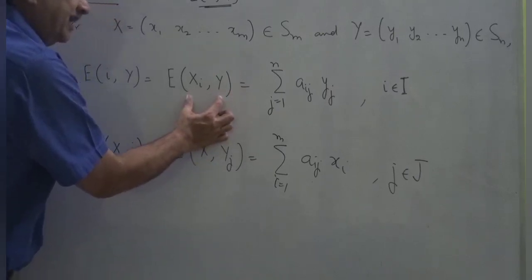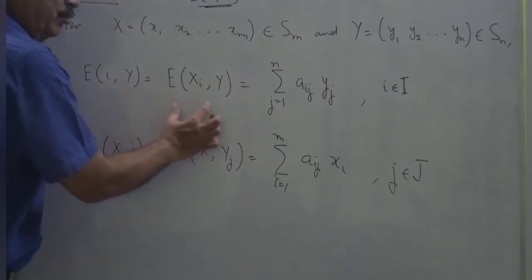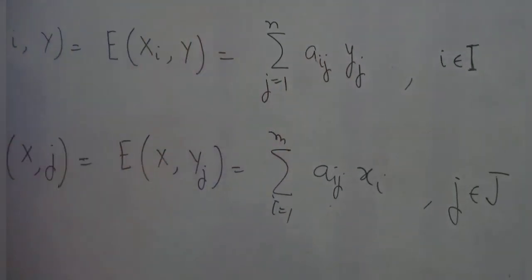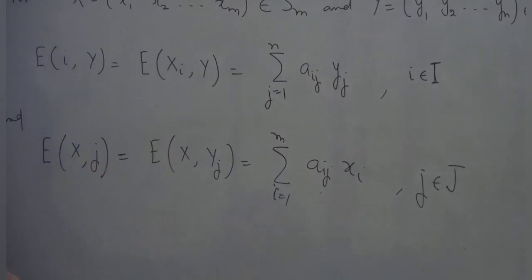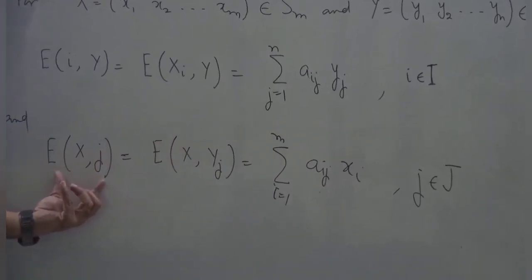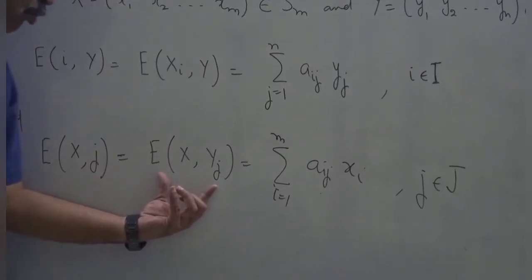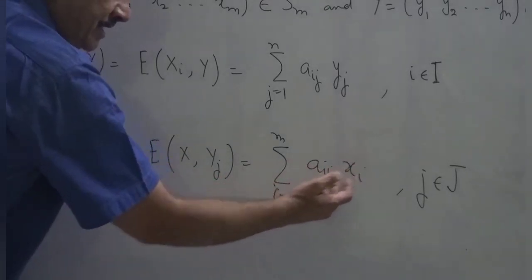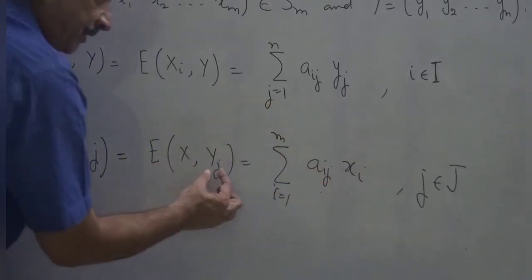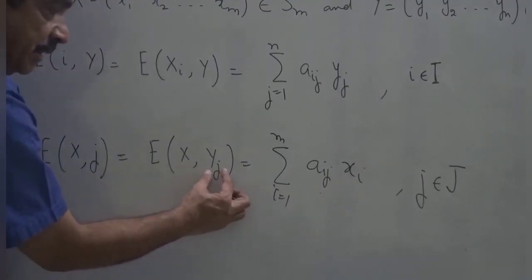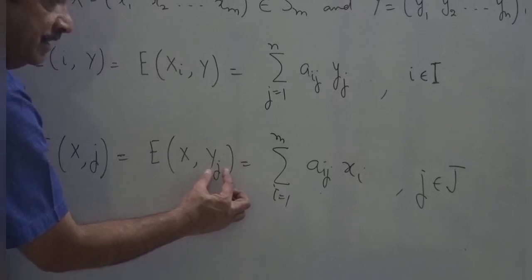This is given by the sum of a_ij y_j, j varies from 1 to n, for each i in I. Similarly, we define for each j in J, E(x,j) equal to E(x,yj), which is equal to the sum of a_ij x_i, i varies from 1 to m. This means that P1 is playing with x, whereas P2 plays with the pure strategy yj.